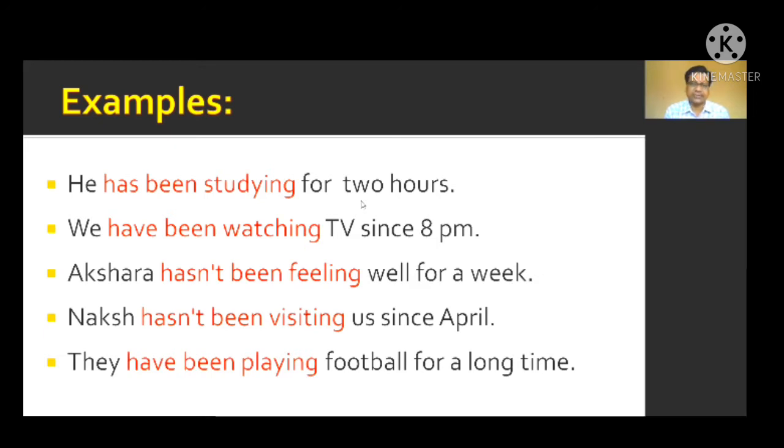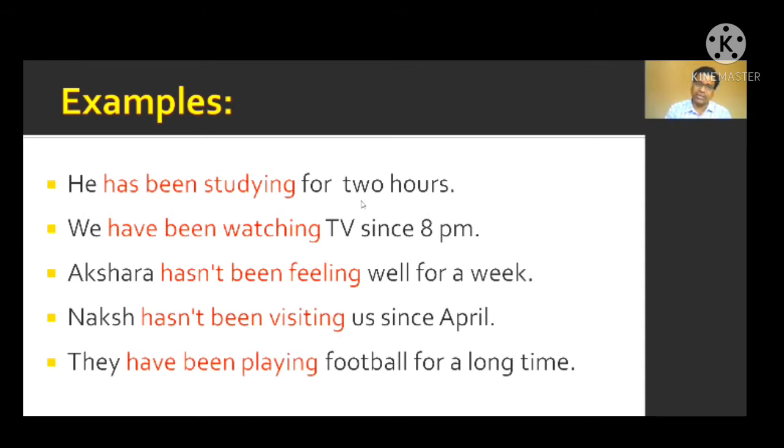Has been studying. Has indicates the auxiliary used over here in the present tense. Have and has, these are the present form of to have verbs. Had is the past form of to have. So this has indicates that the sentence is in present.